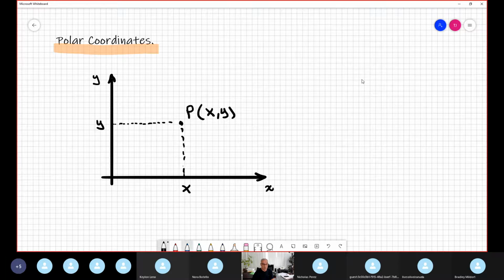In polar, we define a pole, which is the origin, and one axis, which is coincident with the x-axis, which is the polar axis.